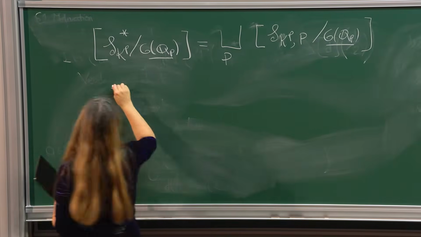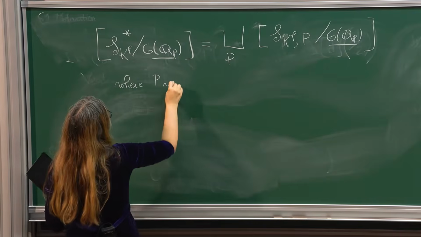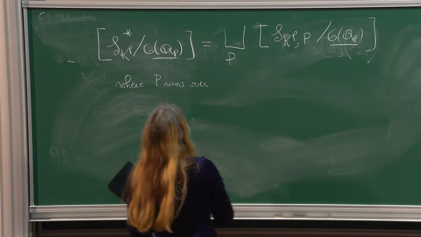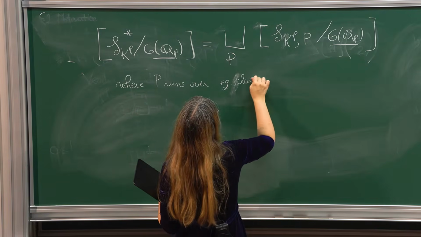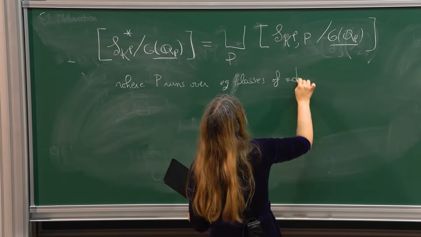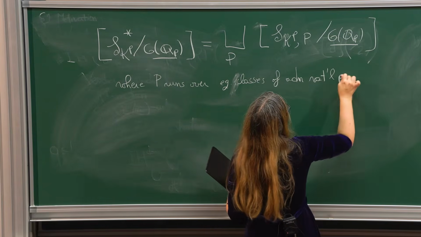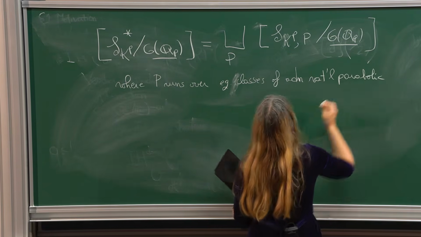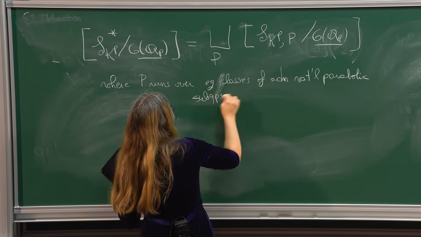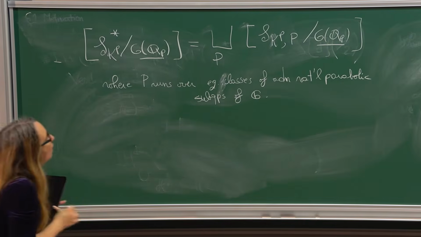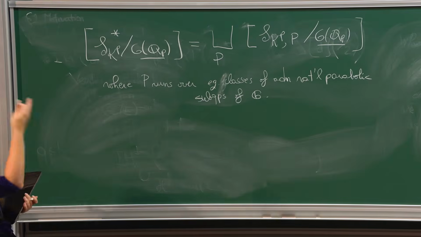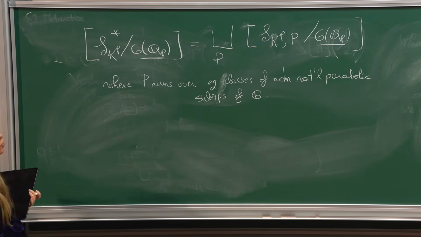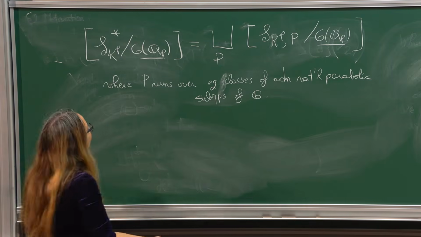where P runs over equivalence classes of admissible rational parabolic subgroups of G. Essentially you can descend, under this l-cohomologically smooth map from the Shimura variety side to the Igusa stack side, at least the strata, on the level of, say, the topological space, or even on the level of the v-stack.